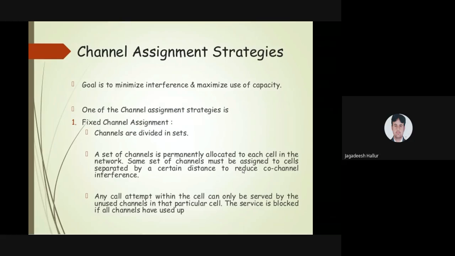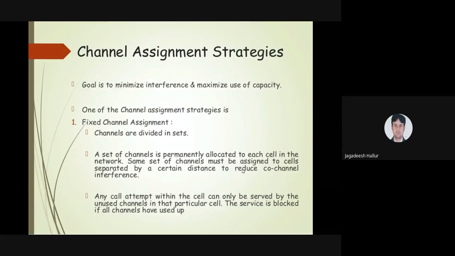If the user is located in cell A1, only 6 channels are present in A1. If a channel is available out of the 6, then only the call will be connected and the channel assigned to that person.